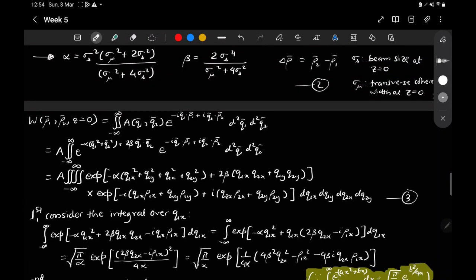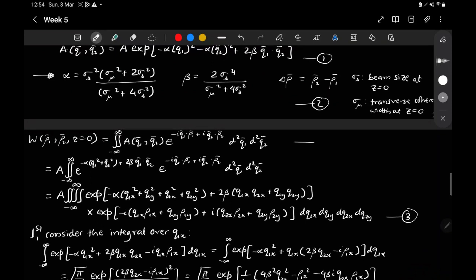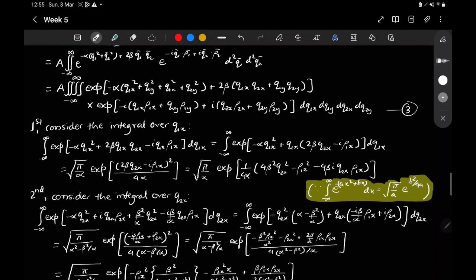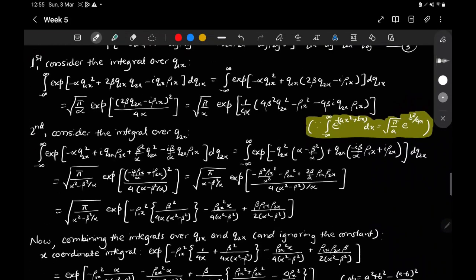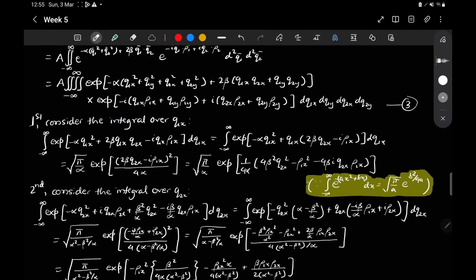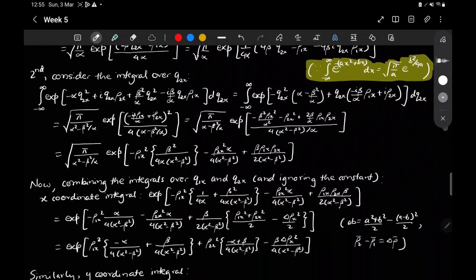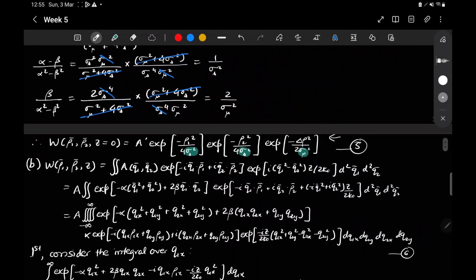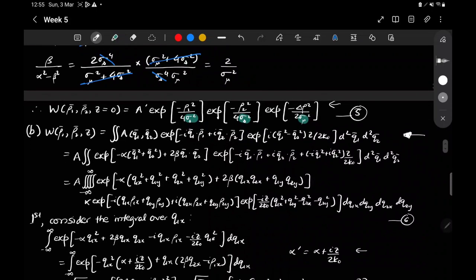Just to revise, this is how you find the cross spectral density from the angular correlation function. This is for z equal to 0. Then we did a lot of manipulations to solve the integral, and this Gaussian integral is very important. And this is how you find the cross spectral density at a particular z.